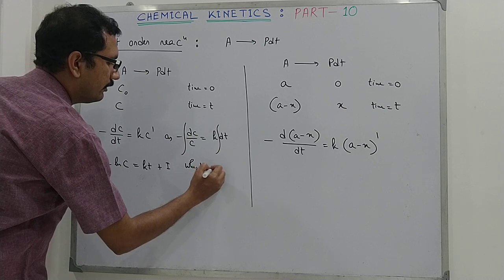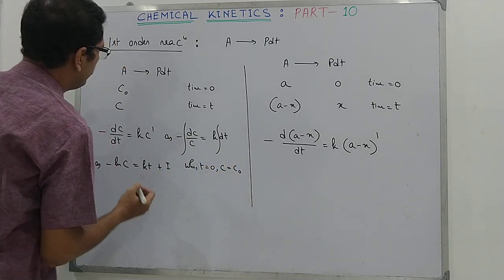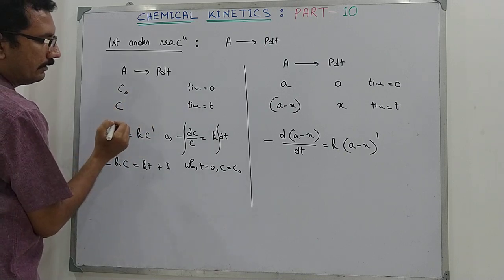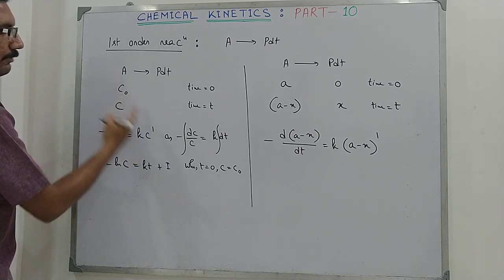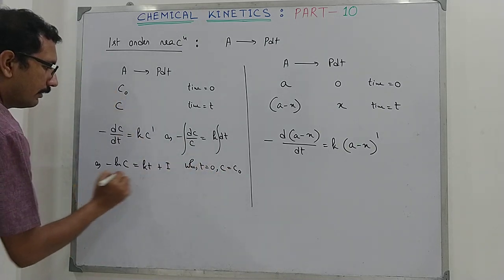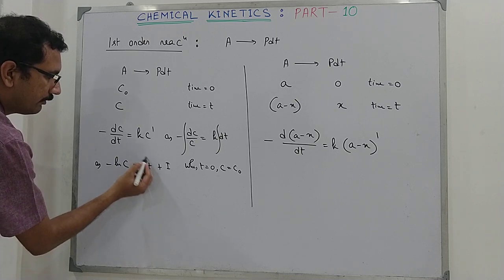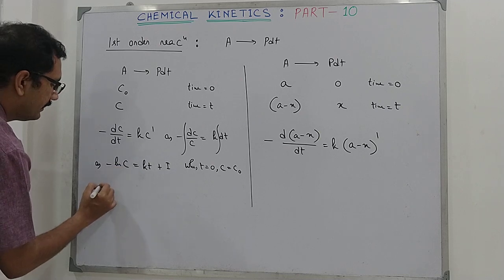Now when t equals 0, that is at the time of start, we have C equal to C0, that is when the reaction has not started, the concentration of A was C0. So putting t equal to 0 and C equal to C0, I is minus ln C0.